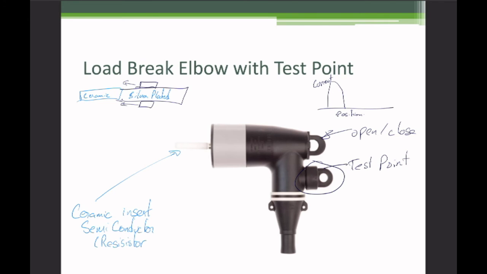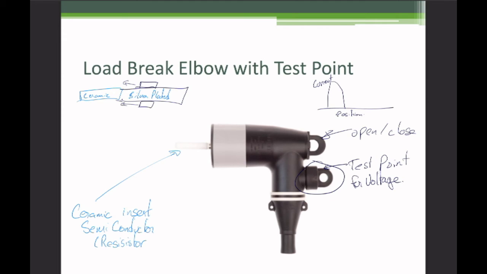So underneath here, there's a capacitive plate, which allows you to identify whether there's voltage present. However, it is a capacitive test point, so you can't really draw any current off of that, but it will allow you to directly measure if there's voltage present. So pop this cap off, and there's a plate under there that you can use for doing contact voltage testing.